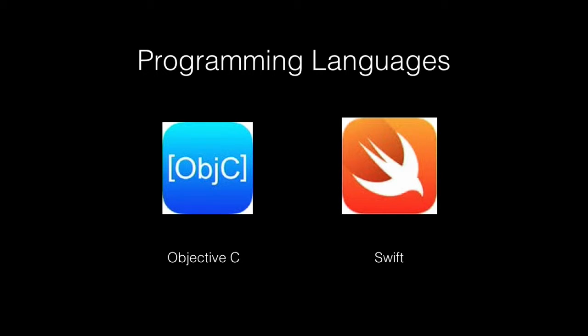Now, you don't need to learn Objective-C first and then move along to Swift. Like most of you, you are new programmers, you go directly into Swift. But there is another programming language called Objective-C, and in Xcode, if you know Objective-C and you know Swift, you can mix the two programming languages together.